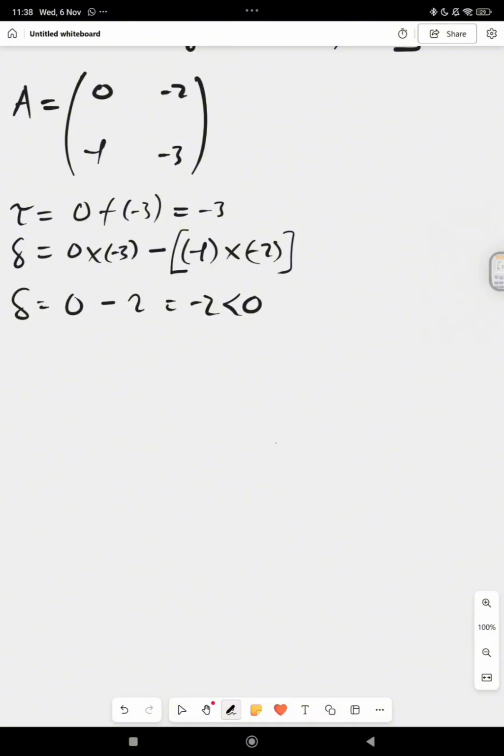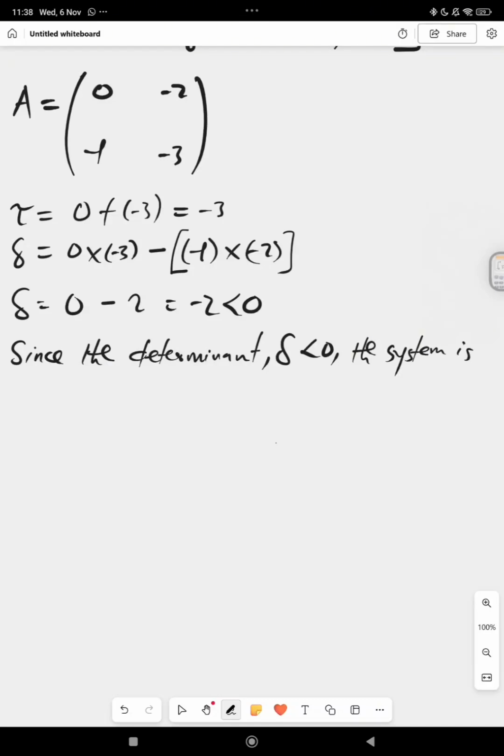And we can conclude here that since the determinant delta is less than 0, the system is a saddle at the origin.